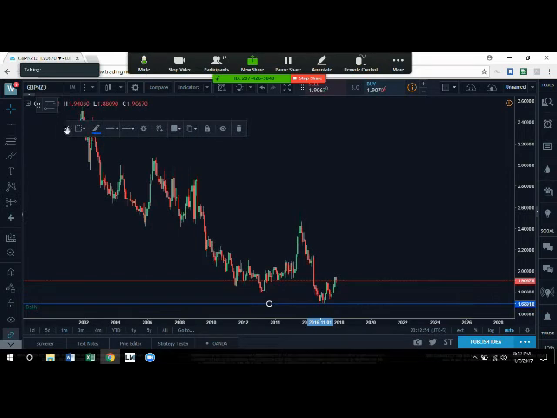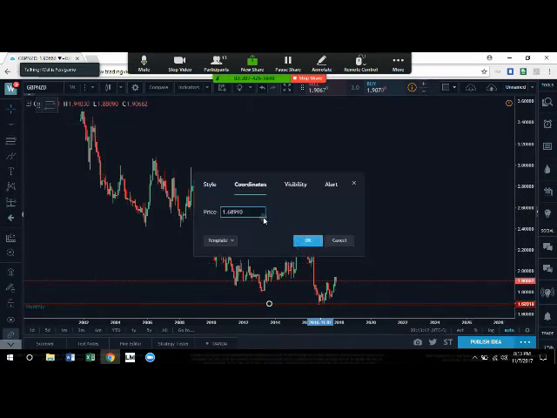Now, when you're marking these on the monthly chart, you want to use nice whole numbers. So right now, this is right around $1.69. You can even do probably $1.70, but I'm going to do $1.69.